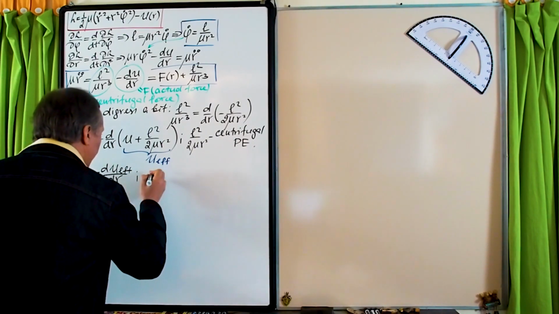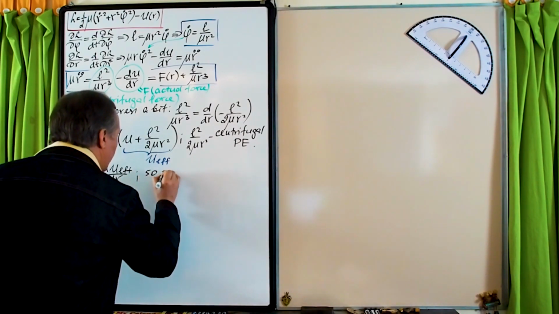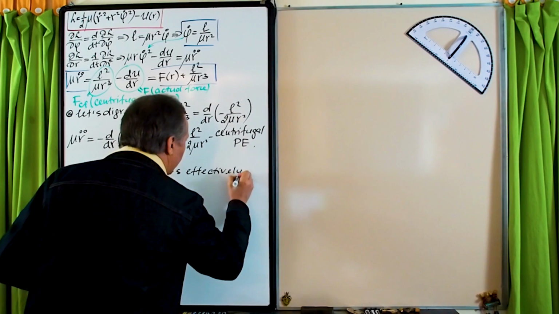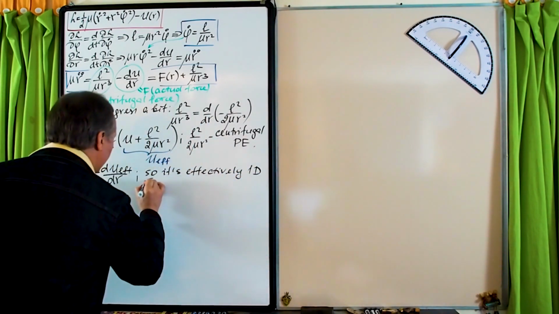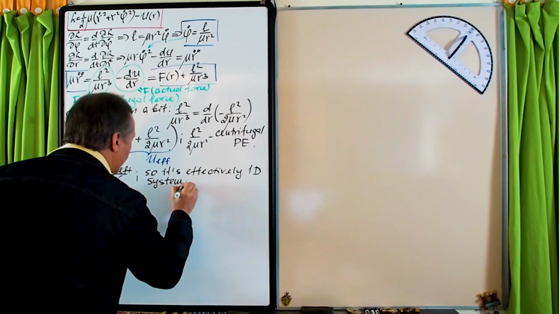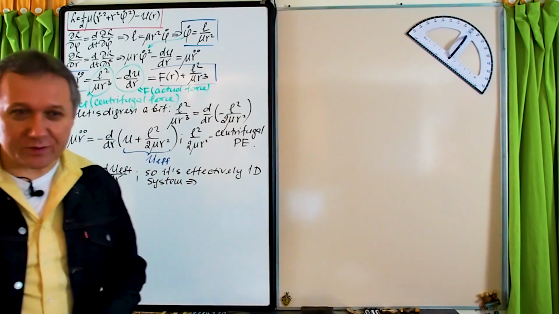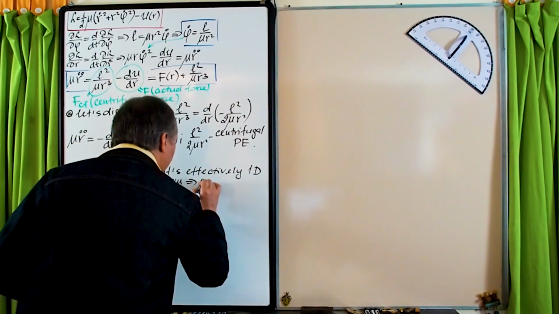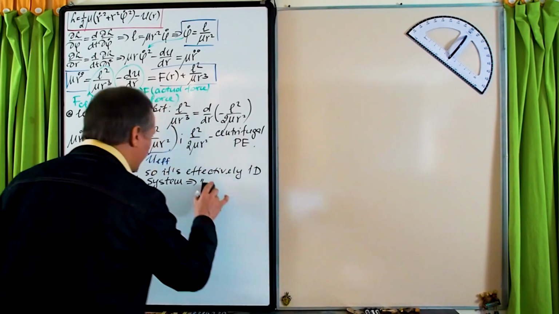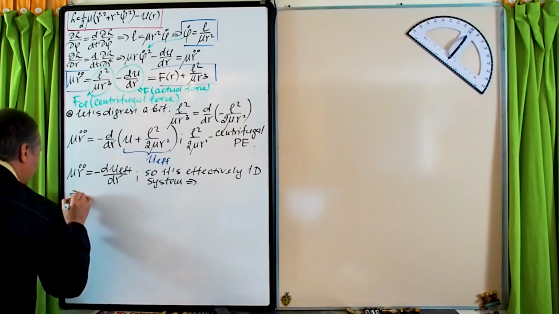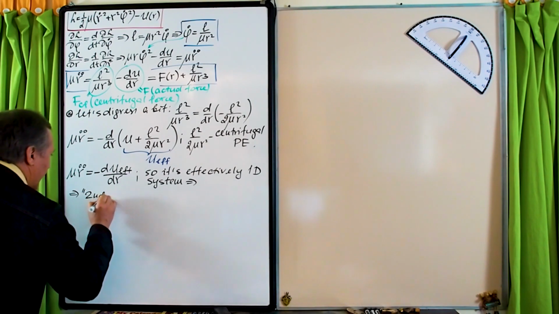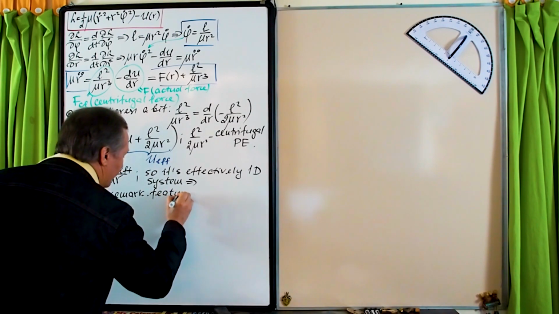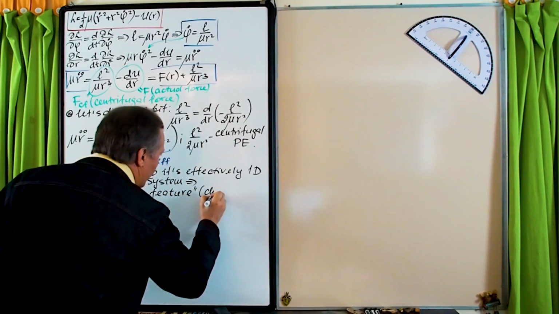Okay, so now let me write it. So it is effectively a 1D system. And as I said, we can use the second remarkable feature which we introduced in chapter 4.